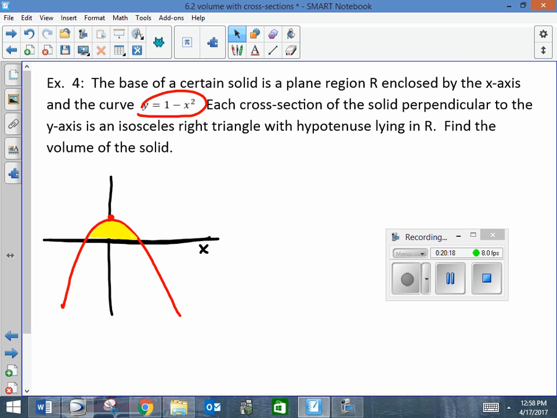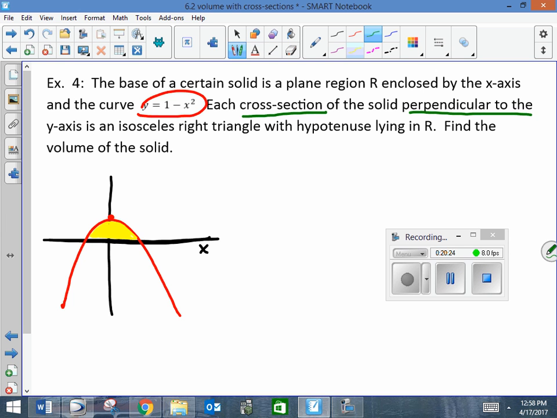Now we get cross sections that are perpendicular to the y-axis. So go ahead and draw one, perpendicular to the y-axis.